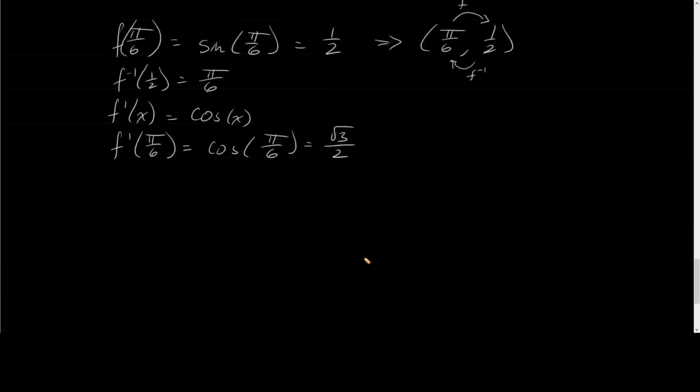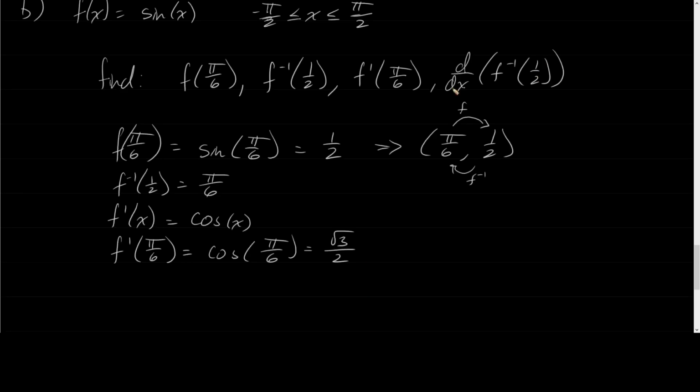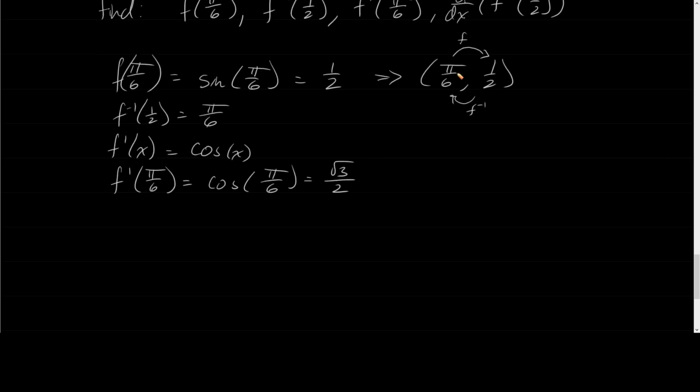All right, the last thing that we want here is this part, f inverse at its derivative. Okay, so first let's recall what the derivative of f inverse was. The derivative of f inverse is 1 over f prime of f inverse of x.